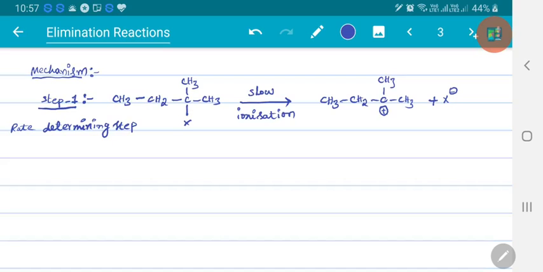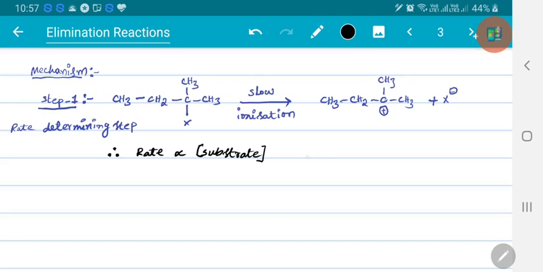Similar to SN1 reactions, here also the rate of reaction is directly proportional to the concentration of substrate alone.